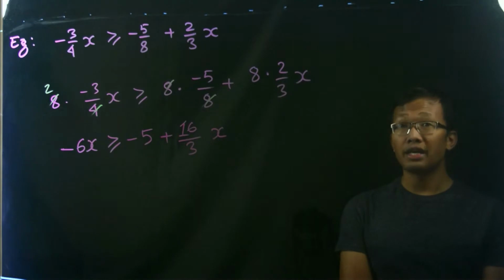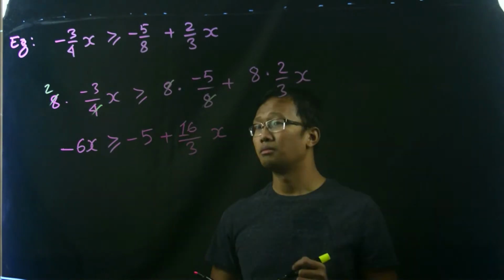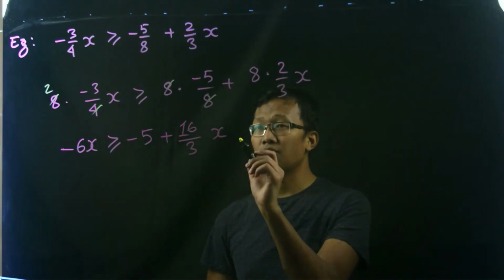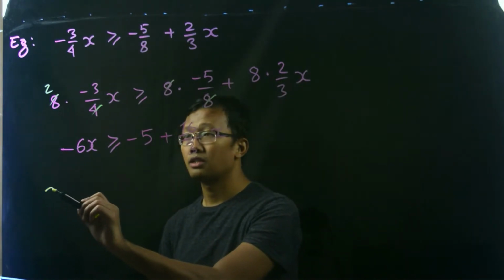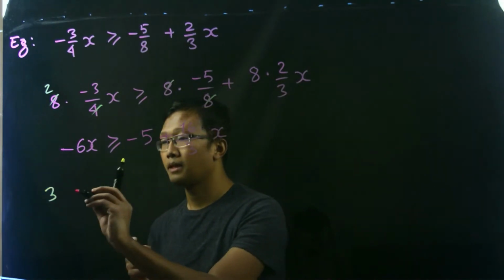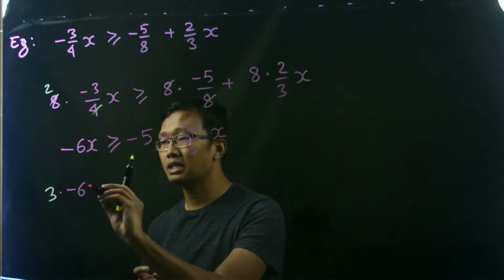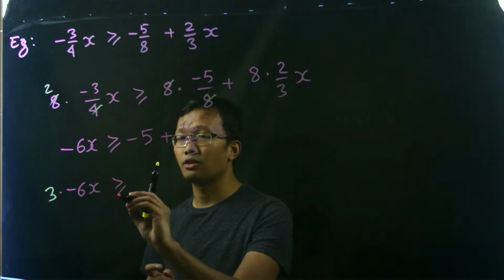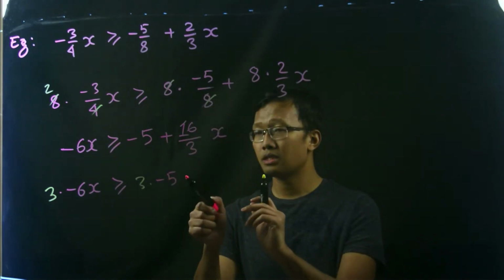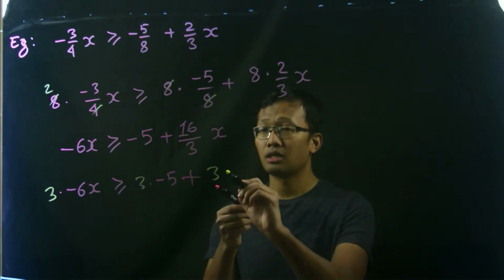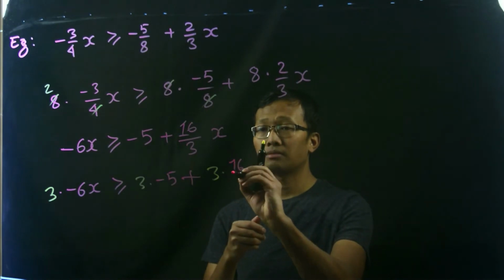Then I would like to get rid of 3. Multiply both sides by 3. So I can write this as 3 times negative 6x is greater than or equals to 3 times negative 5 plus 3 times 16x over 3.